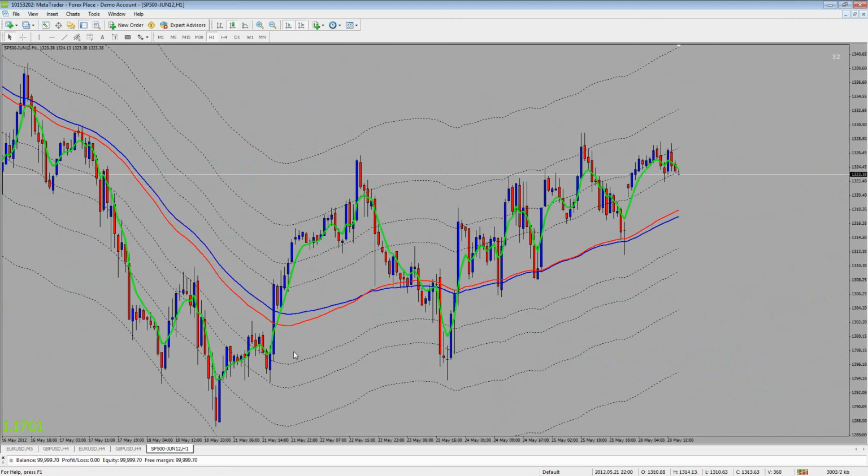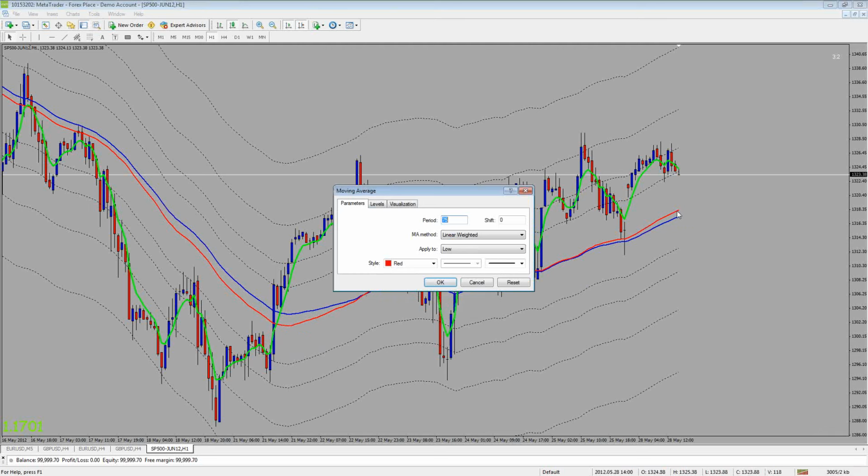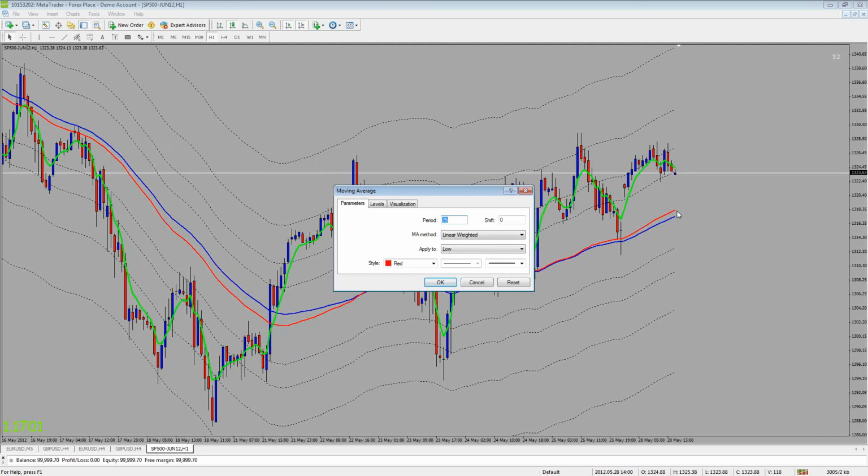Here it is used mostly for crossing the other two moving averages, which are the 75 and 85 linear weighted moving averages. The first one, the red one, is a 75 linear weighted moving average applied to low.